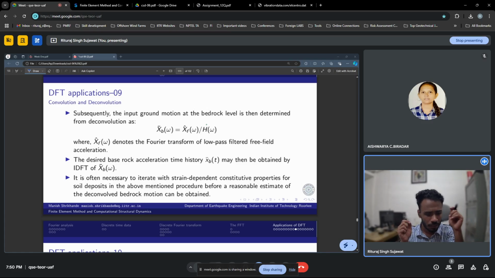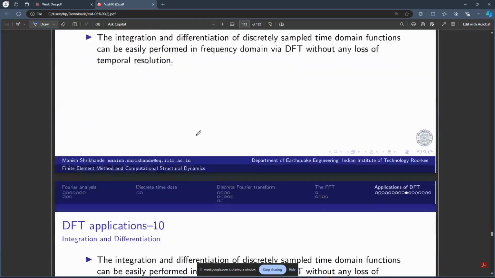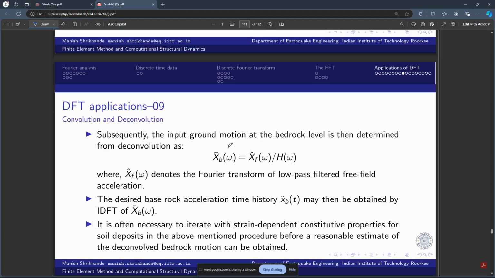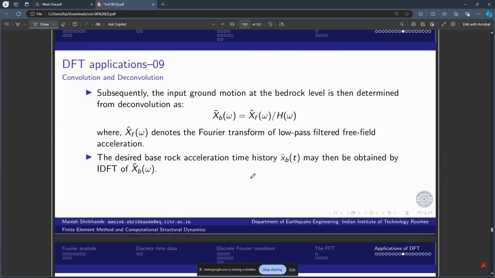Using that data, you need to evaluate the applied motion at the bedrock level. So this is the relation we'll be using to get the applied ground motion at the bedrock level. This is the X_f capped omega. Do you understand what this denotation is for?